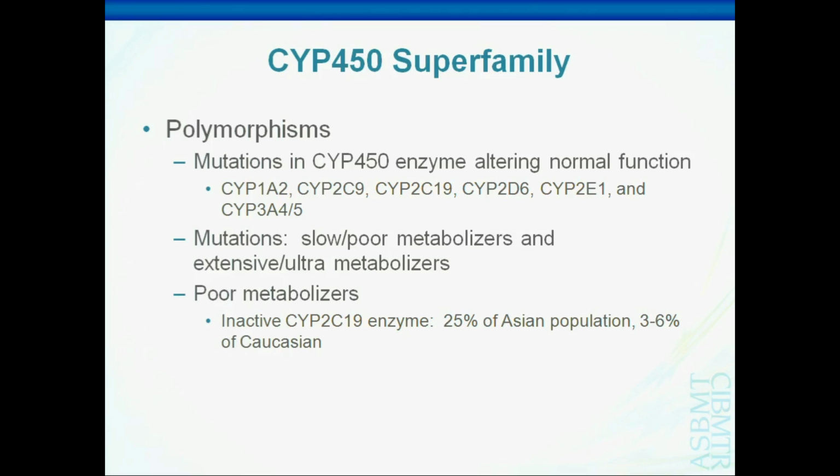This comprises about 25% of the Asian population and about 3 to 6% of the Caucasian population. And just as a review, drugs that are metabolized by 2C19, a few examples would be cyclophosphamide, proton pump inhibitors, and voriconazole, as Ashley pointed out in her presentation yesterday.